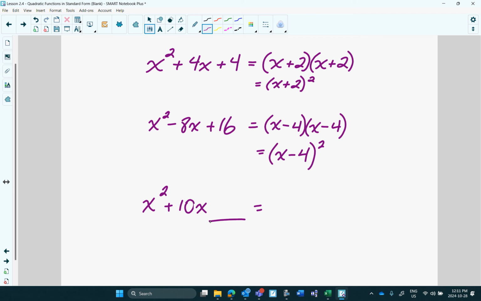Think of the pattern I just gave you. 25. How'd you get that? Yeah, took half of 10 and squared it. And that actually works because it becomes x plus 5 times x plus 5, or x plus 5 squared.